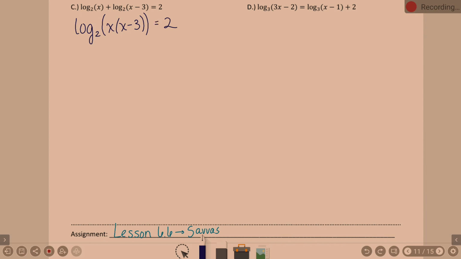Log base 2 of x times x minus 3 equals 2. Yes, we are going to distribute, aren't we? So log base 2, what is x times x minus 3? X squared minus 3x.